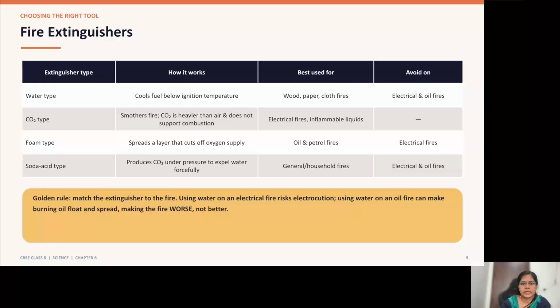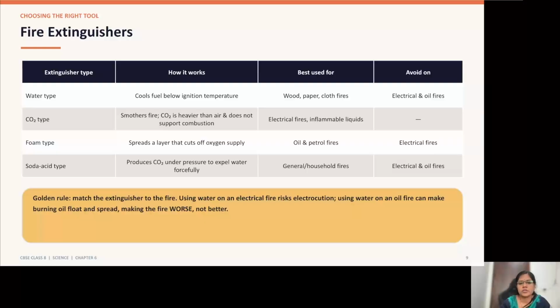So you should understand here that carbon dioxide is used as a fire extinguisher. Okay, and why? Because carbon dioxide is heavier than air, and this carbon dioxide sinks and forms a blanket over the burning material, displacing the lighter oxygen-containing air away from the fuel surface, starving the fire of oxygen.